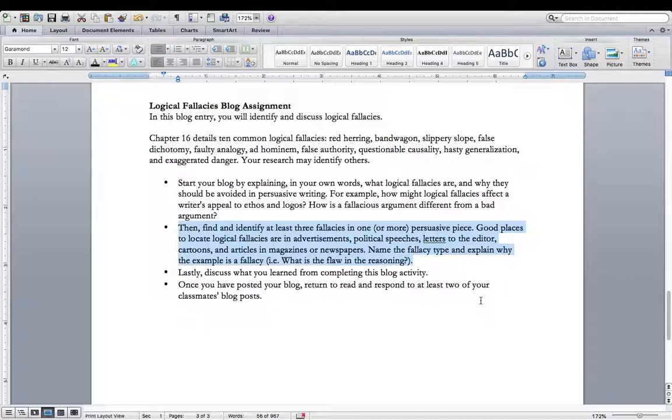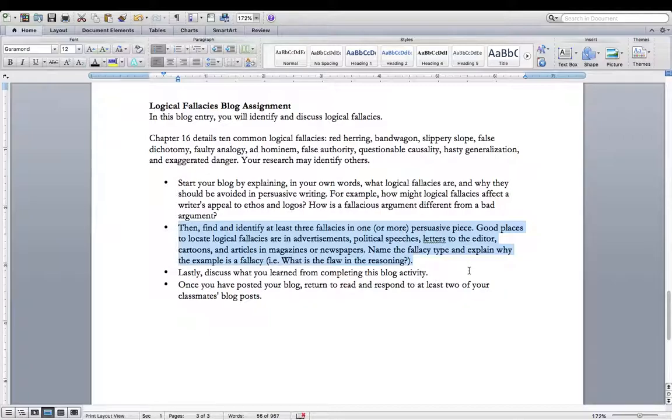Like you've been looking for sources in the past, you're going to be looking for sources again, and it gives you suggestions on where you might locate them. A good place to locate logical fallacies: advertisements, political speeches, letters to the editor, cartoons, and articles in magazines or newspapers. And you want to name the fallacy type and explain why the example is a fallacy. What is the logical flaw? What is the flaw in the reasoning?